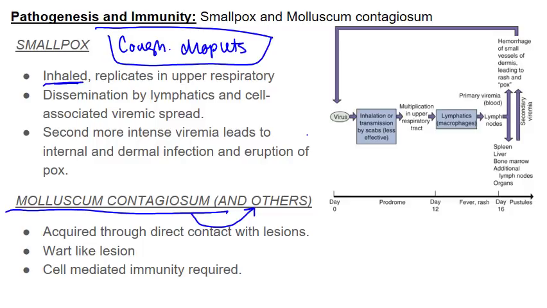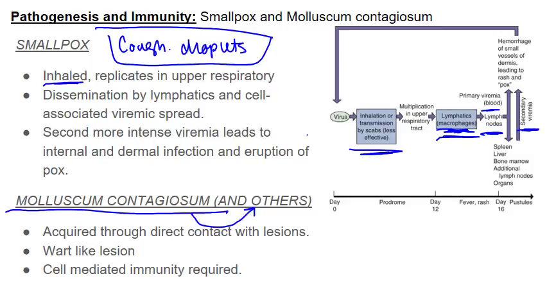So dissemination of the virus from the upper respiratory tract occurs once it hits basically the lymphatics. So you get infection of the lymphocytes, specifically macrophages, and that leads to a cell-associated viremic spread through the lymph node and into the blood. Eventually, you're going to get infection of internal and dermal tissues, which are inoculated after you get your secondary viremia.